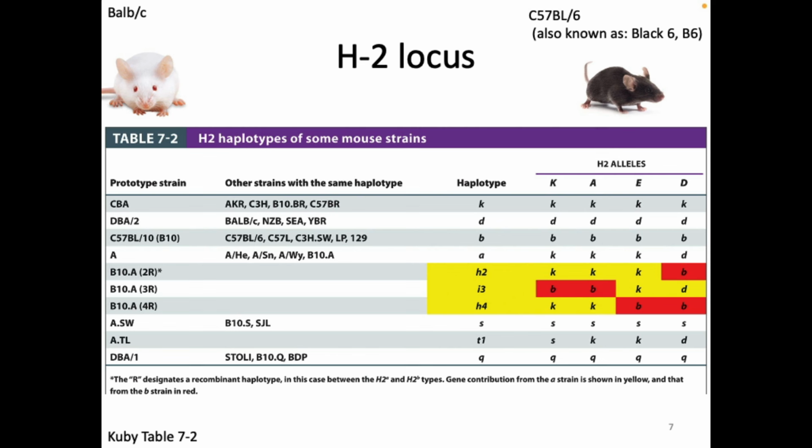I could, however, do some sequencing of my random subway mouse. And if I did that, I might find it happens to have a version of K that's the same as in a black 6 mouse.